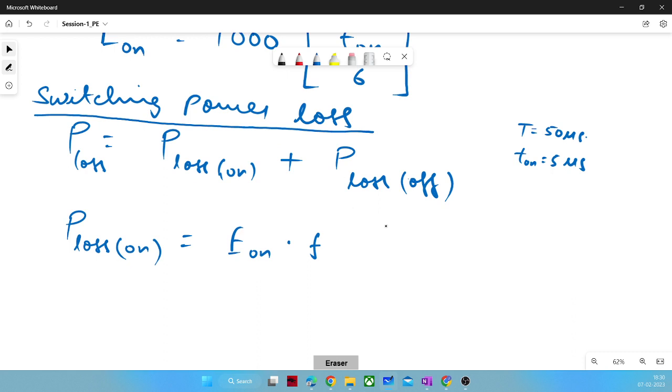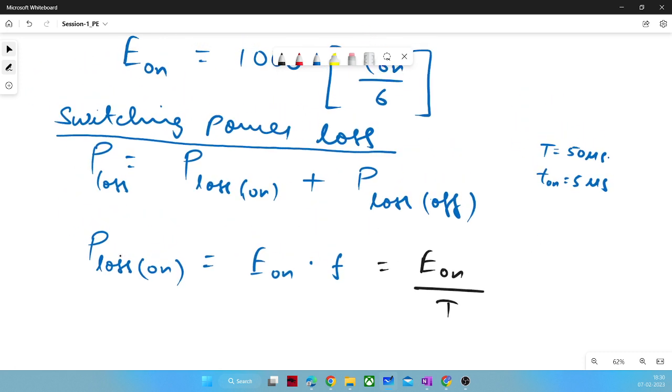So we can also write it as T on by T. That is nothing but 1000 by 6 into T on by T. I did nothing.